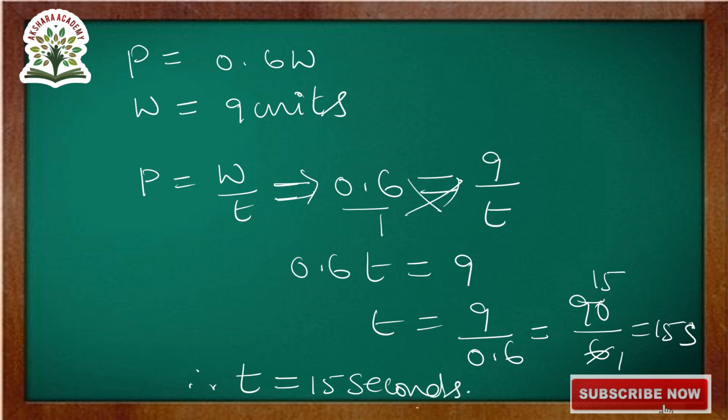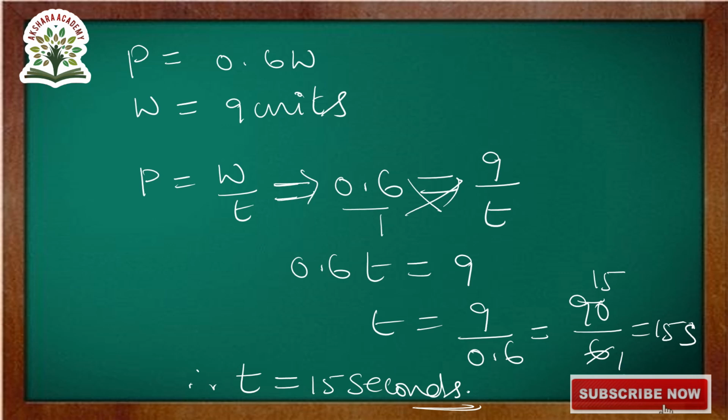Here first we calculated work done by the formula F bar dot S bar. Work done we calculated as 9 units and power they gave as 0.6 watts, and power equals work done by time. Rate of doing work is known as power.